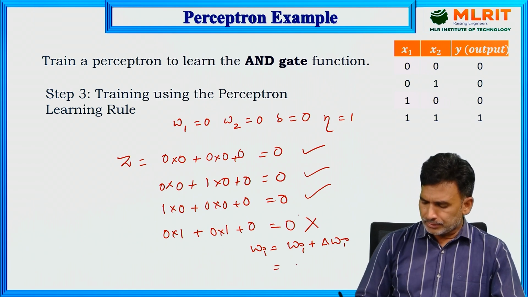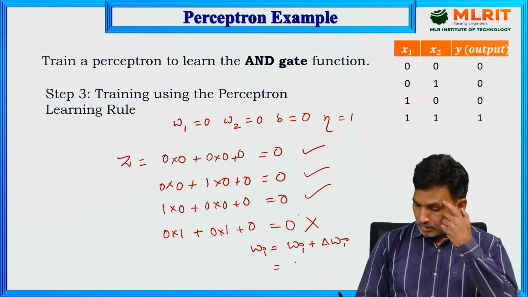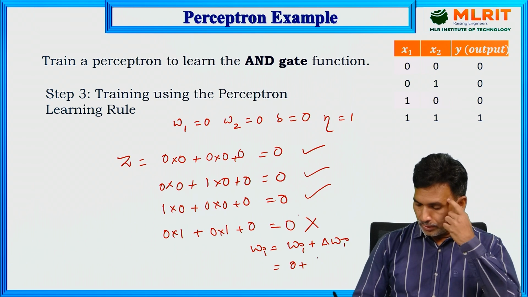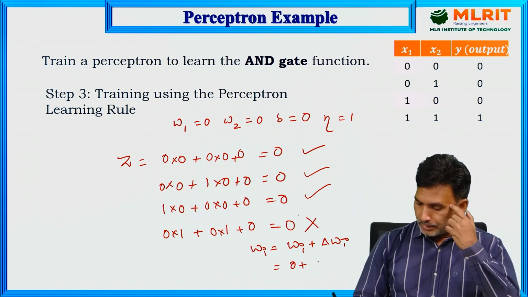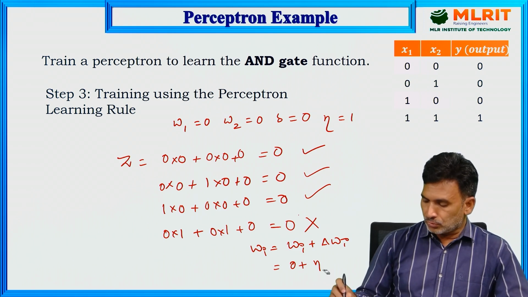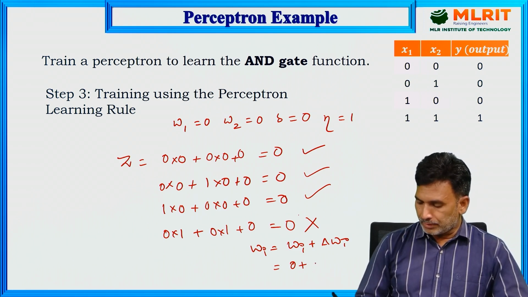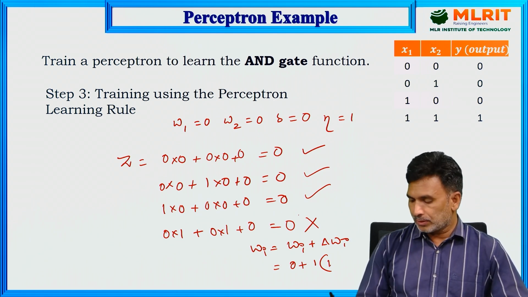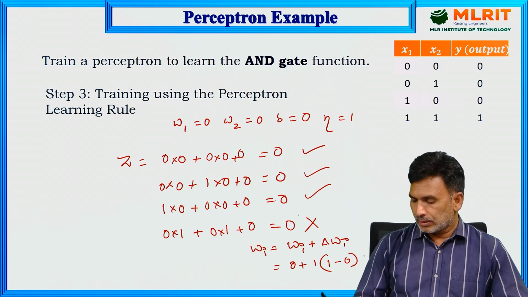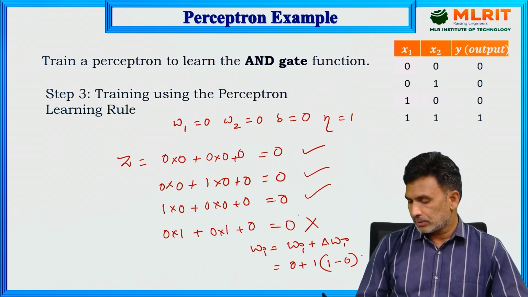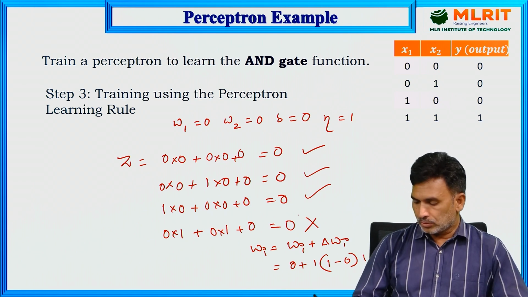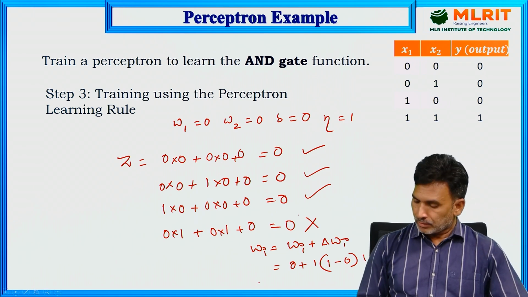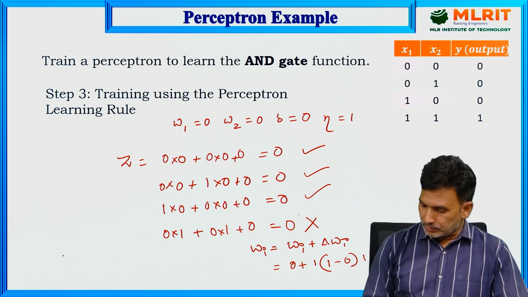In this case Wi is 0, that is W1 0, and this is learning rate, so I can directly substitute the values here. Learning rate is 1, the y actual value is 1, y predicted value is 0, and times x1 is 1 here.